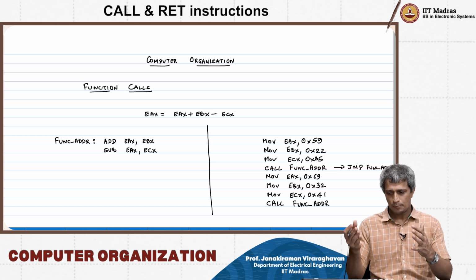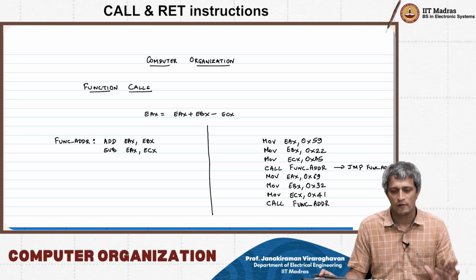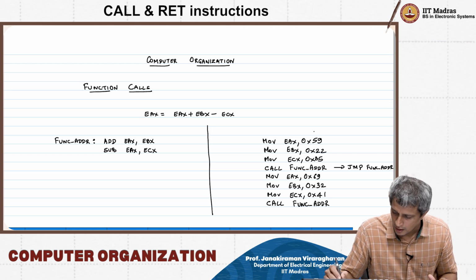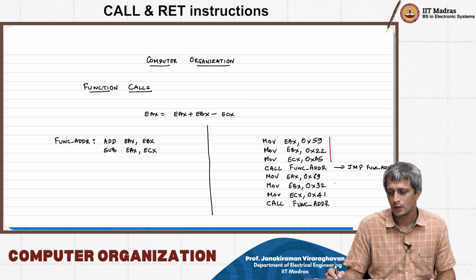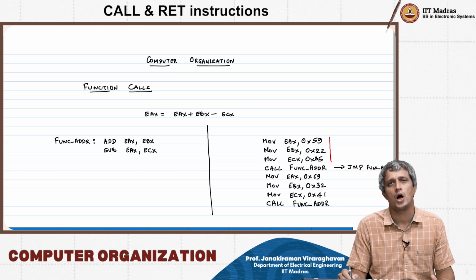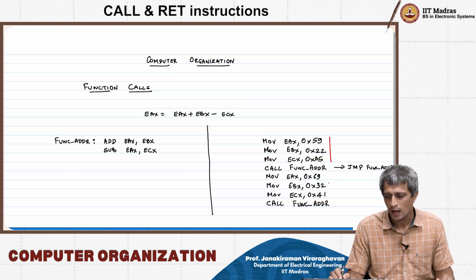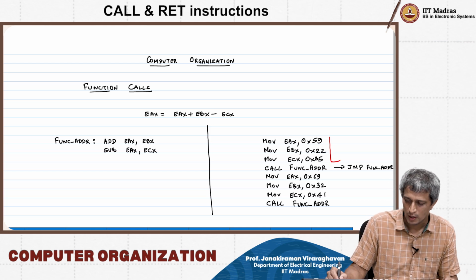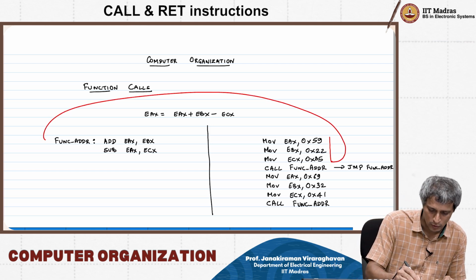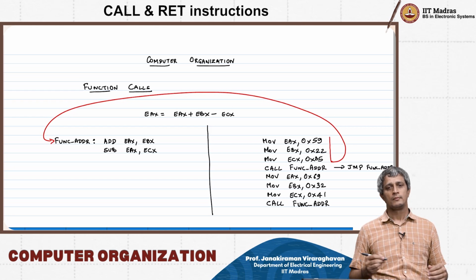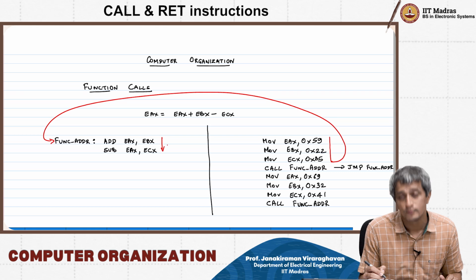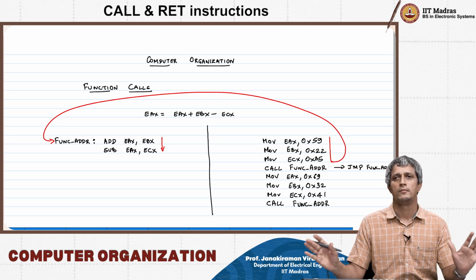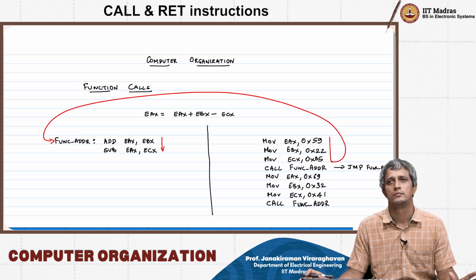Suppose the call were implemented like this, then this program would execute like this, and then it would say, oh, call FUNC-ADDR, which is basically a jump, and it would simply jump to this location and go ahead and execute this program. No problem, absolutely no issue.